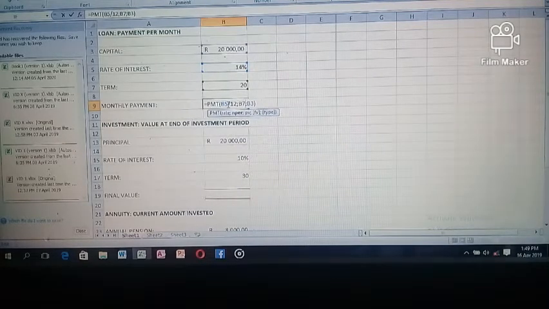Okay, the next one, which is B7. So B7 is the number of terms, which is in years.